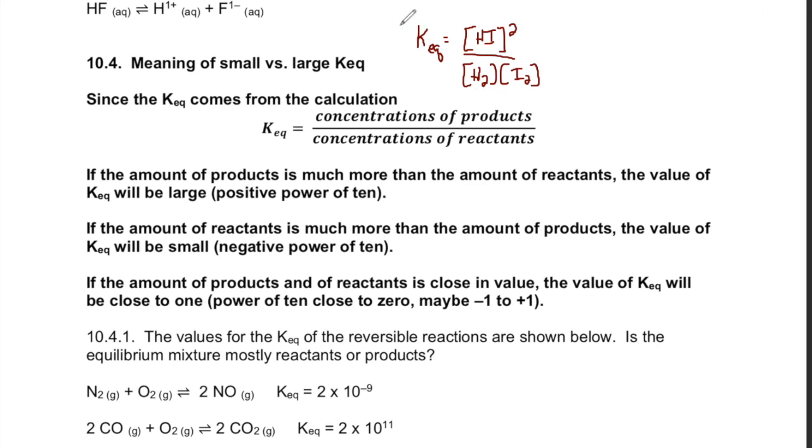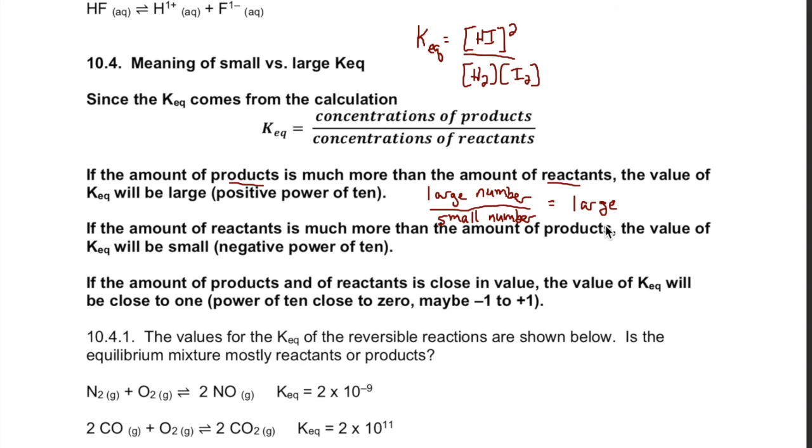Instead of doing that, I wanted to just make sure that everybody had a big picture understanding of what's going on here. If you had a lot of products and not too many reactants, the products, remember, are in the numerator, so you would have a large number in your numerator and a small number in your denominator. That would result in a large number.